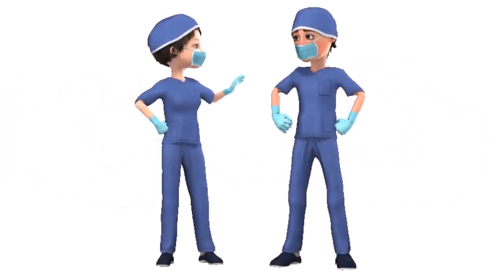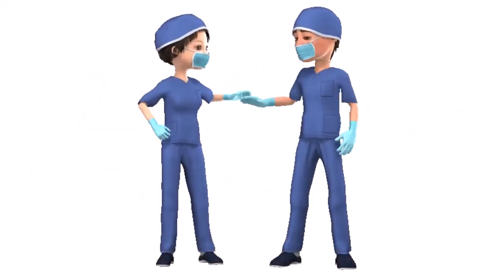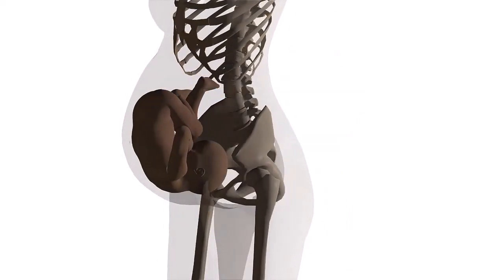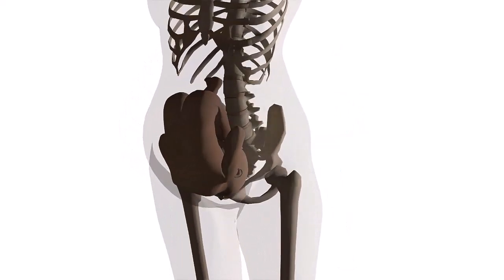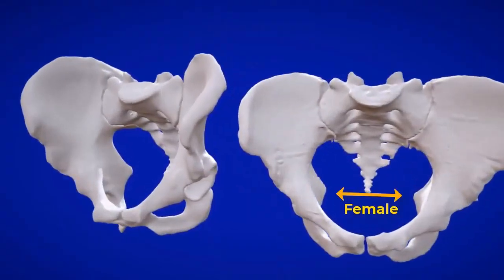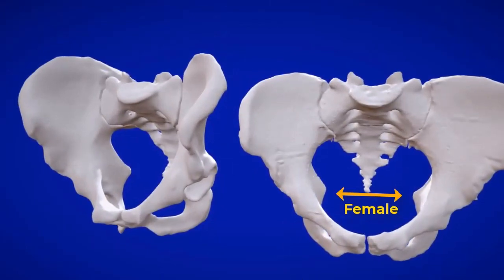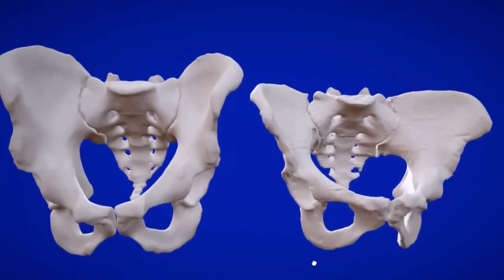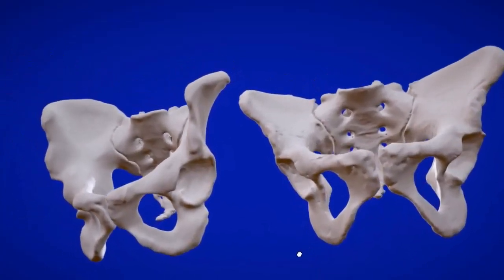The differences between the adult male and adult female pelvis are related to the function of the body and body size. Because the female pelvis is adapted for childbirth, it is wider than the male pelvis. This can be seen by the distance between the anterior superior iliac spines. The ischial tuberosities of females are also further apart, which increases the size of the pelvic outlet.